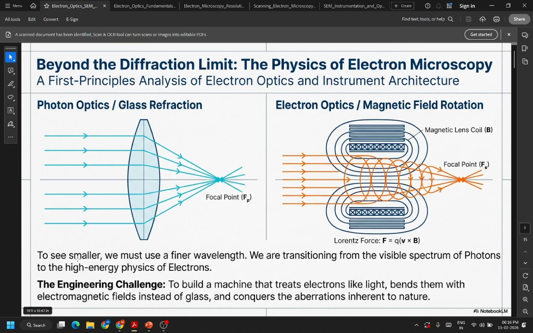We cannot go below that because of the wavelength of light. So if we want to go smaller, we have to use finer wavelengths, and for that, we have to go from the visible spectrum to high energy electron physics.